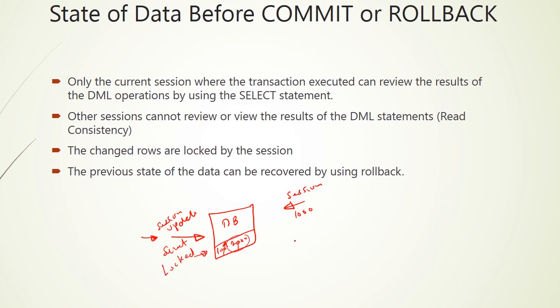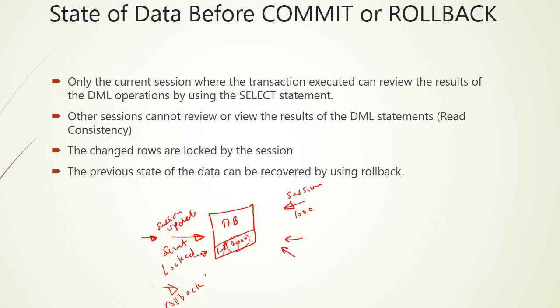Locking is used here to prevent other sessions from updating the same record. The previous state of the data can be recovered by using rollback. So after running the update statement, you can run rollback to retain the old data, which is in this case 1000.